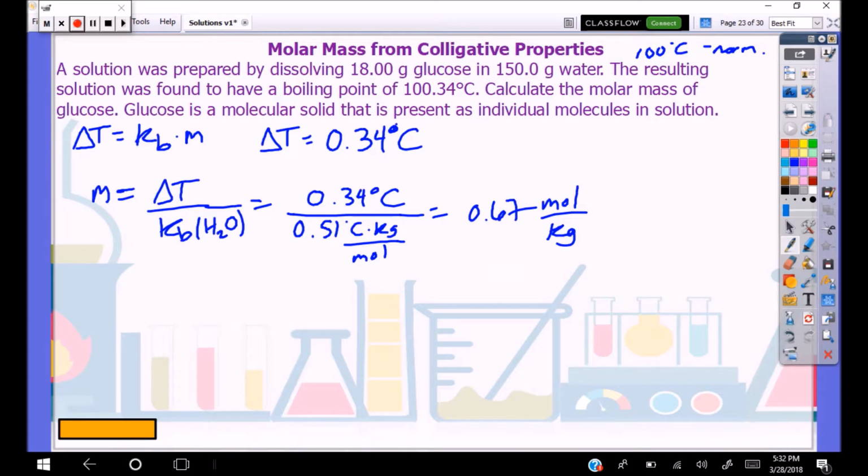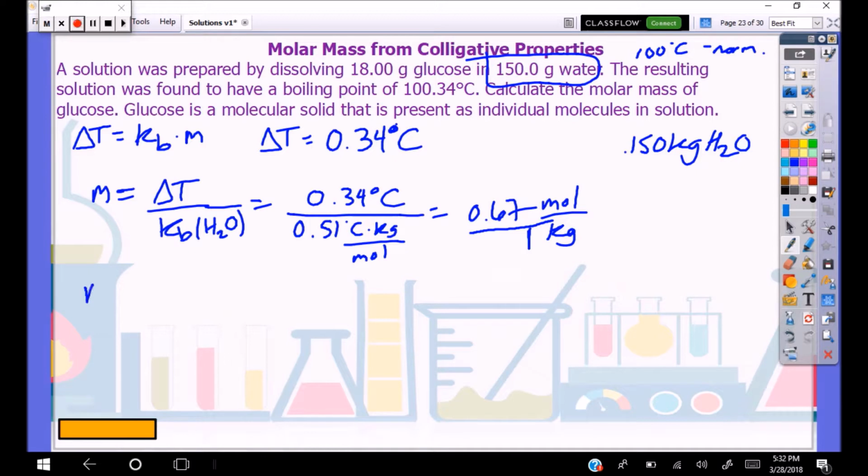Now, we know that our sample is 150 grams of water. So what we're going to need to do is figure out how many moles of glucose we have in our sample, right? This is per 1 kilogram. So we have 0.67 moles per 1 kilogram, but we have only 0.150 kilograms of water in our sample. So we're going to have to set up some relationships here.